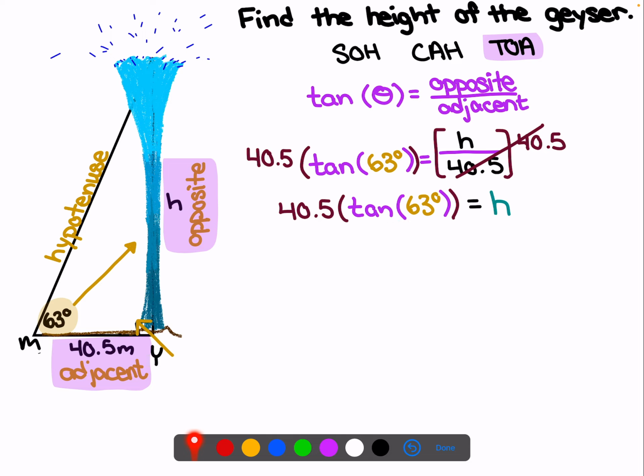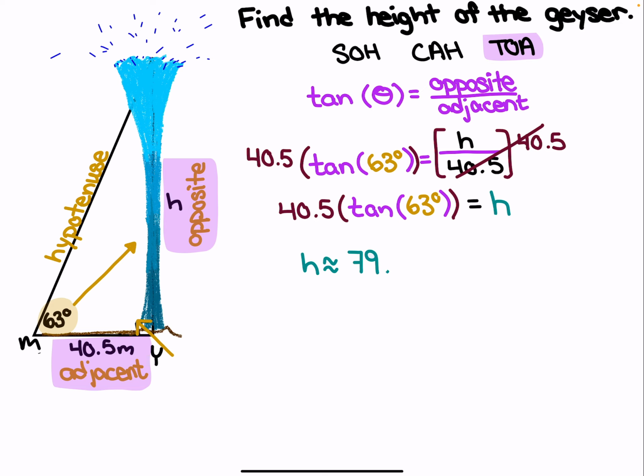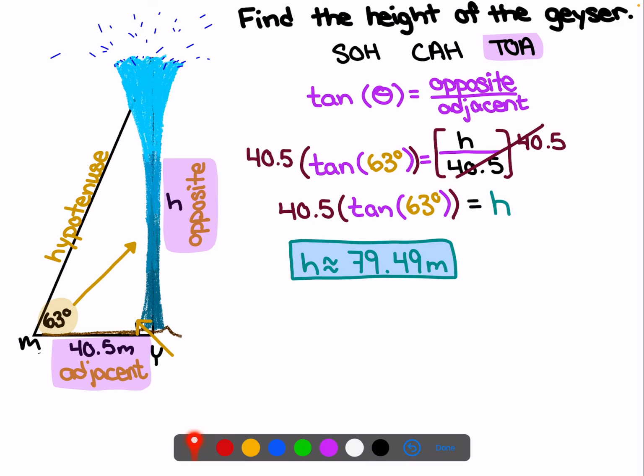So if we do 40.5 tangent of 63, we're left with 79.48572547. But of course, we're rounding to the nearest hundredth, so that'll give us about 79.49 meters, which means that water is shooting into the air 79 meters, which is pretty tall.